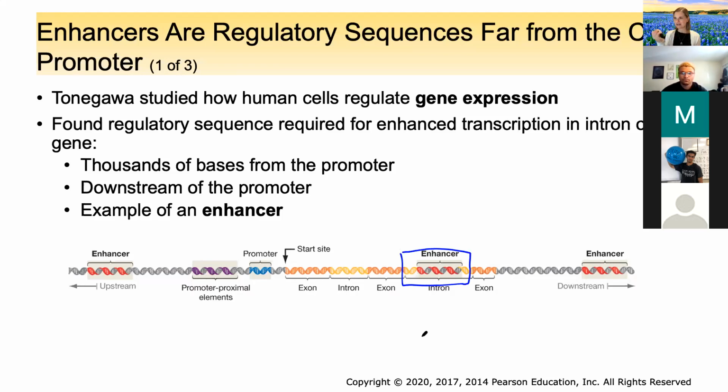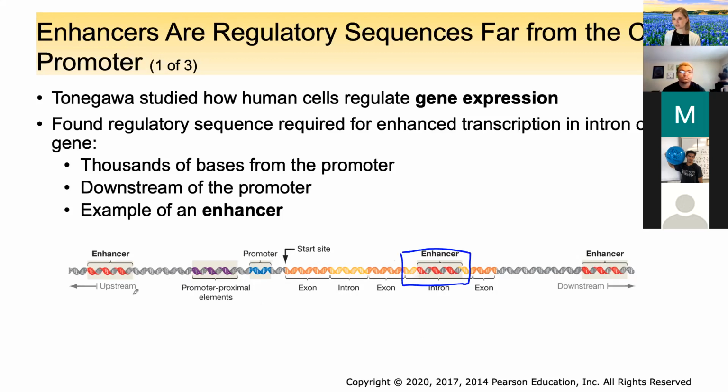So other things that they found were that there could be regulatory sequences thousands of base pairs upstream from where the gene was. So it wasn't enough just to look at the genes, maybe 100 base pairs upstream. If they wanted to really replicate what was happening in the cell, they needed to look at a much, much larger strand of DNA in order to find all of the parts that were responsible for this.